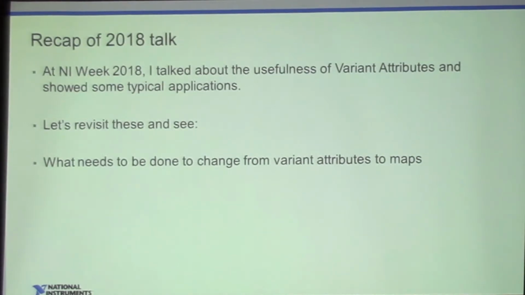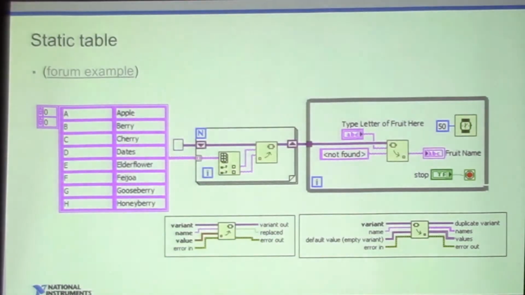Yeah. Okay, let's revisit the examples that I presented, where I demonstrated how nice variant attributes are, and now we can see how much nicer maps are, right? Side by side. So, map examples.